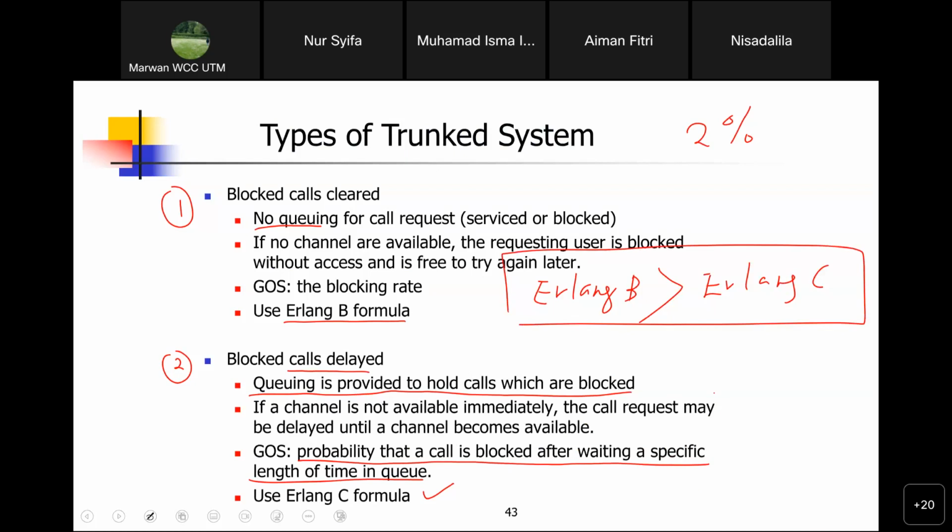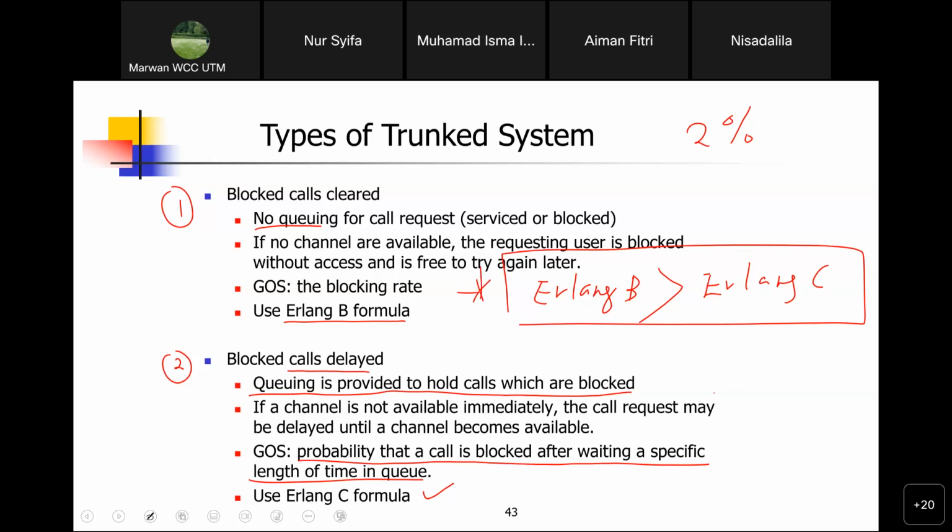But if the system puts some resources towards it, then the number of subscribers that can enter the system is going to be small. Okay, so this is the main conclusion from these two systems.